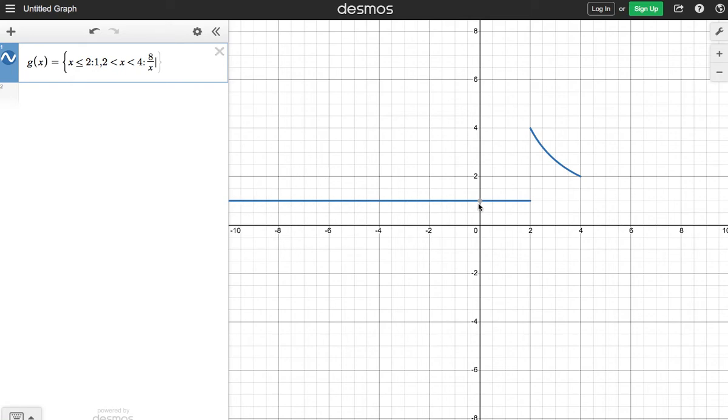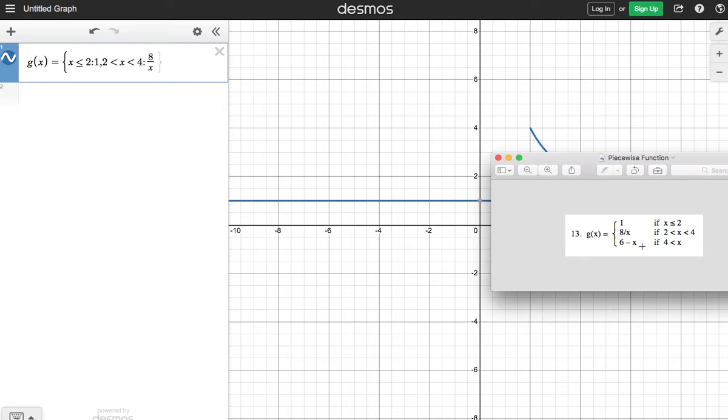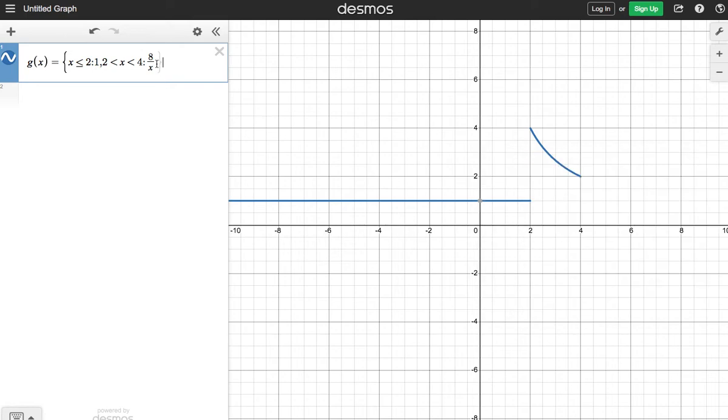So here it's equal to 1. Here we have the function 8 over x. And finally, we now want to graph 6 minus x if 4 is less than x, or if you'd like, you could say x is greater than 4. I'll go back here. Again, I'll put a comma.